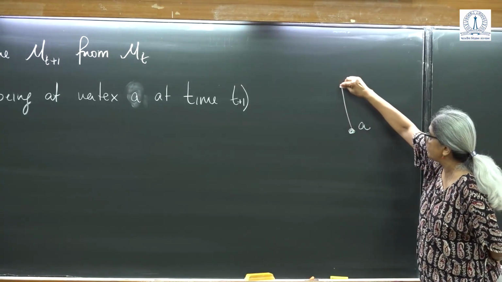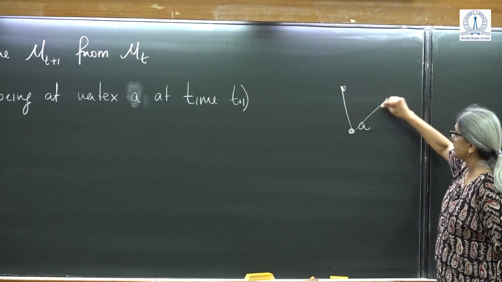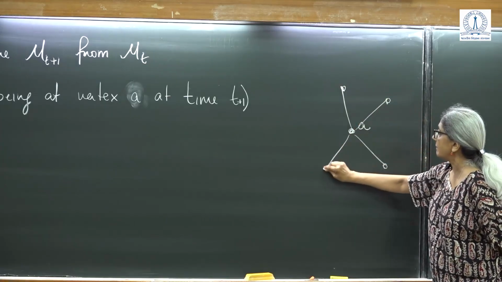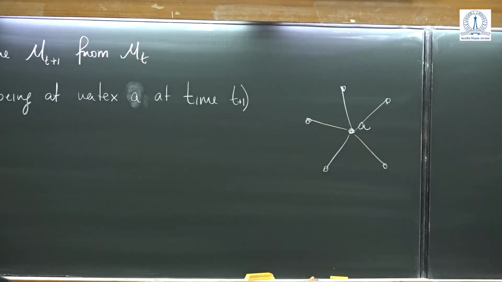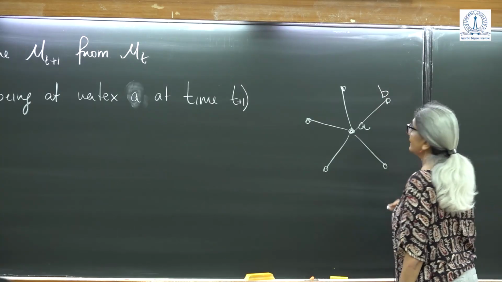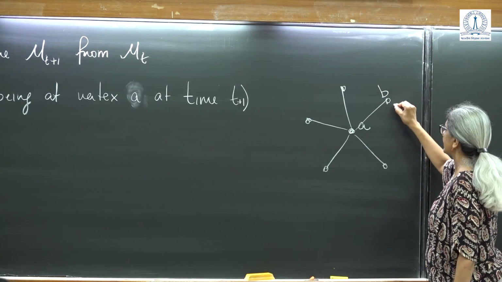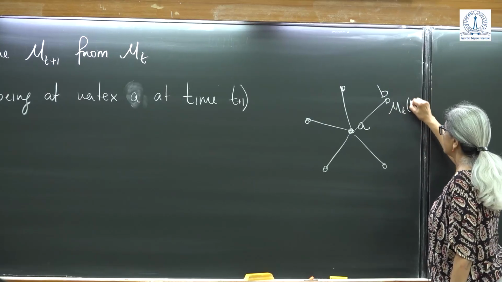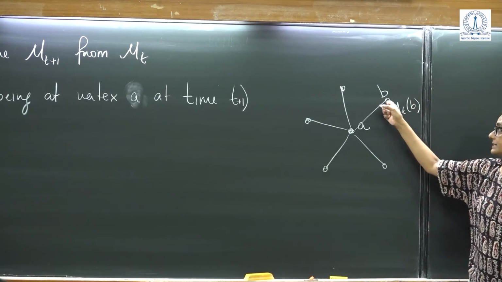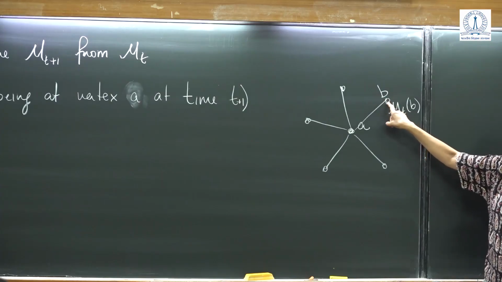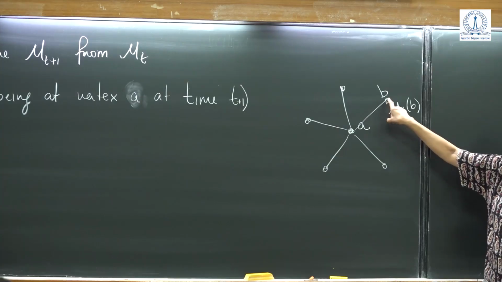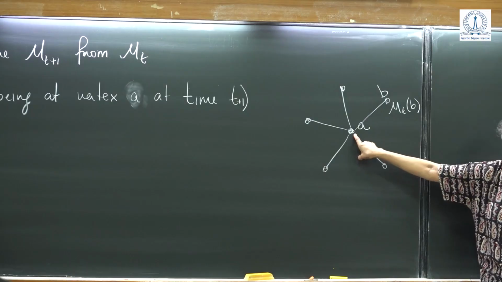First of all, to be at A, there must have been some neighbor of A. If this is a neighbor of A, say B, then the probability at time t that you're there is mu t of B. This is the probability that you were at B at time t. We take this, and then we also have to multiply that by the chance that it moved from here to here.